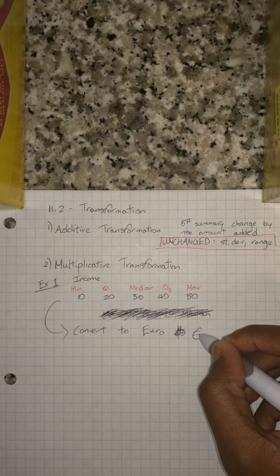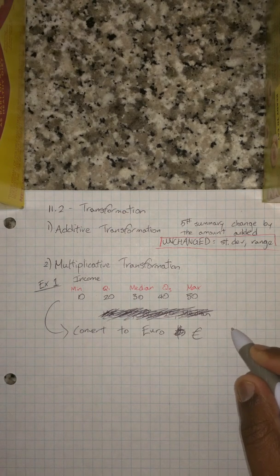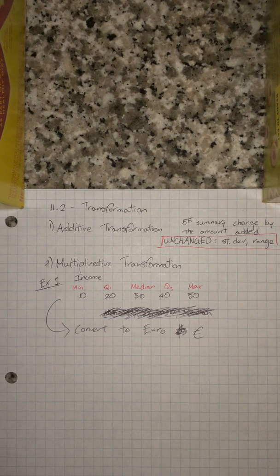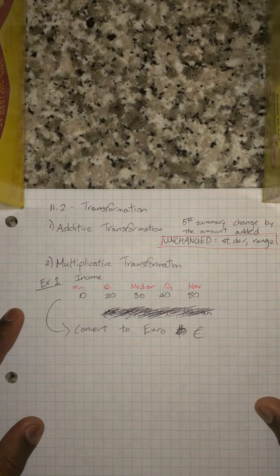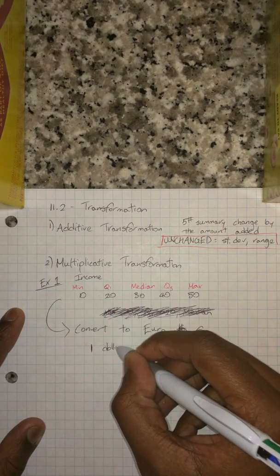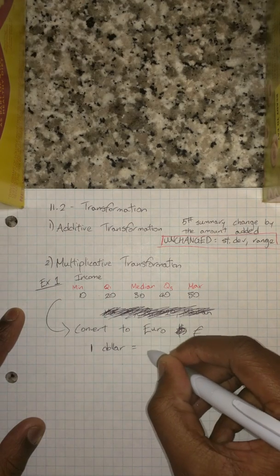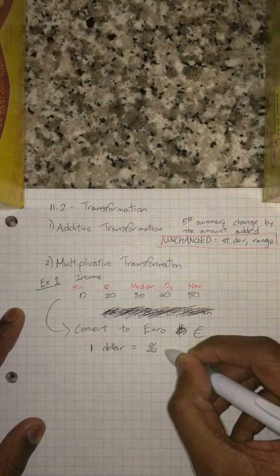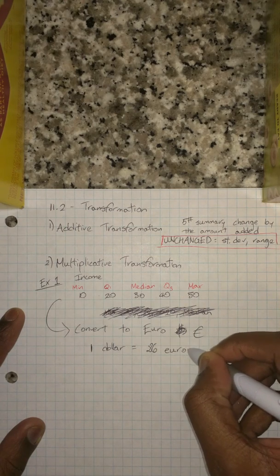Anyway, we're going to convert to euro, and we're not adding because, think about it, if we're converting something, we're actually scaling it. The interesting thing about the euro is that it's actually worth more than the dollar. Another way of saying that is that $1, at our exact currency rate, is equal to 0.86 euros.